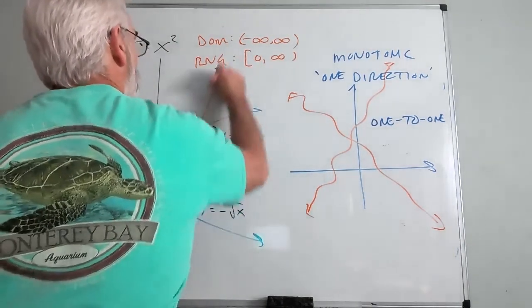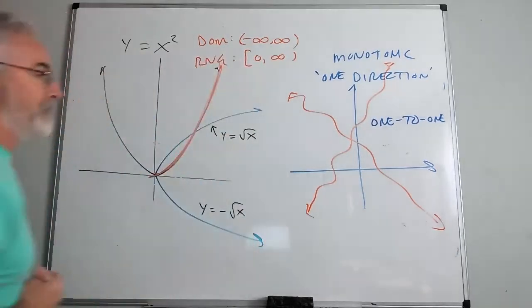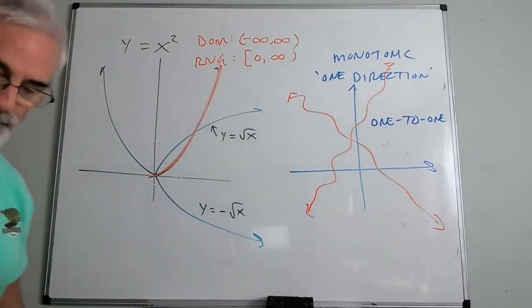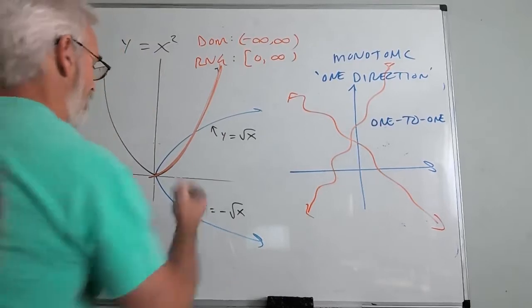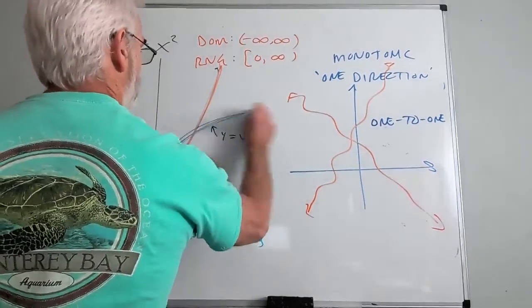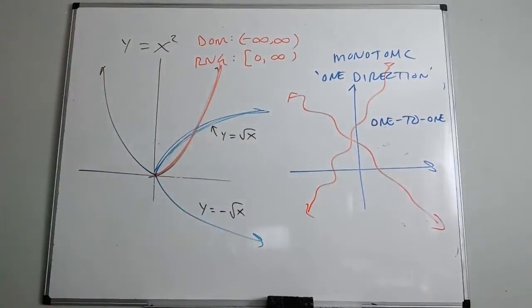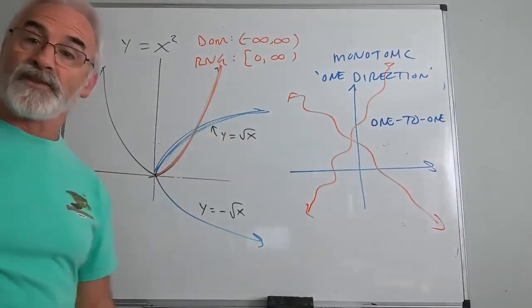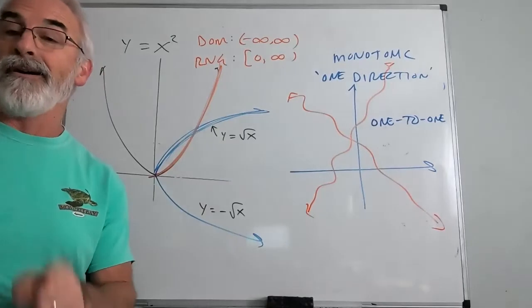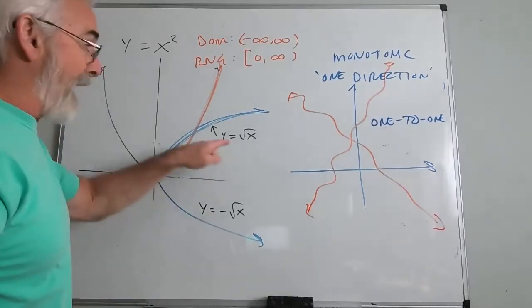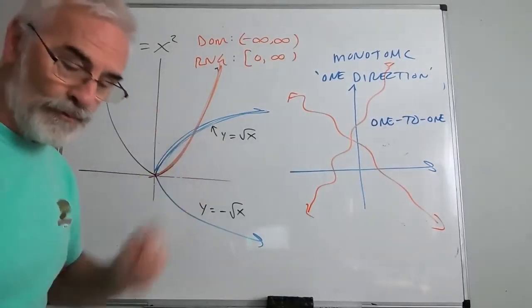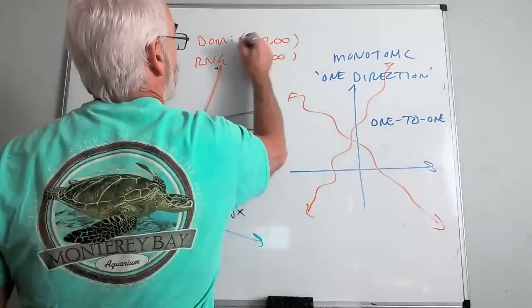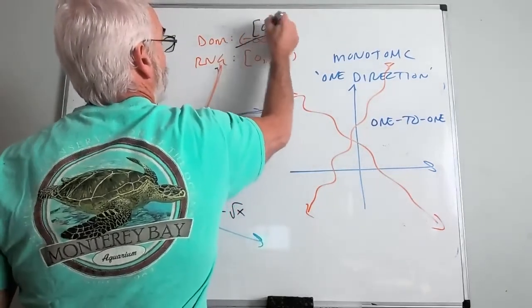If I only consider this portion of the parabola, then what is its inverse? Its inverse would be only this portion of the parabola. And this portion of the parabola would make that piece a function. Oh, so the inverse that I want would actually be the square root function, but I can only do that if I restricted the domain to this.